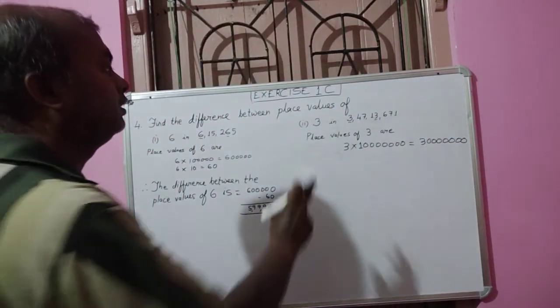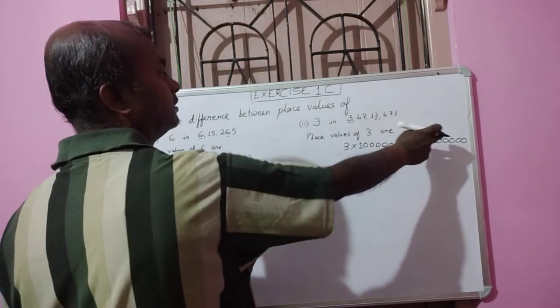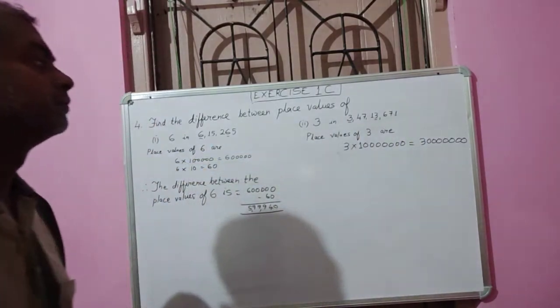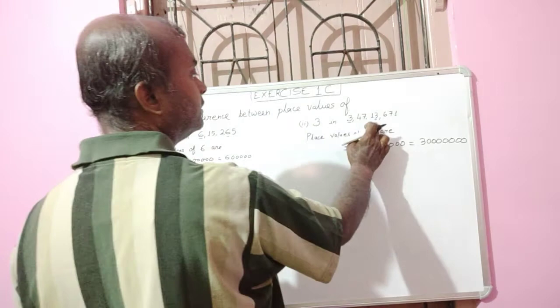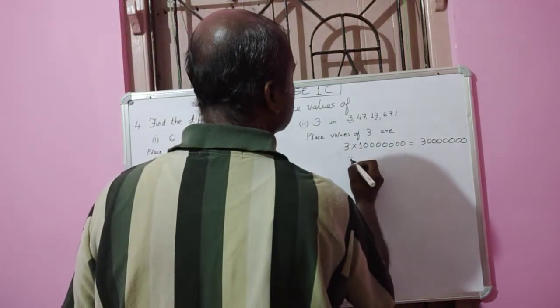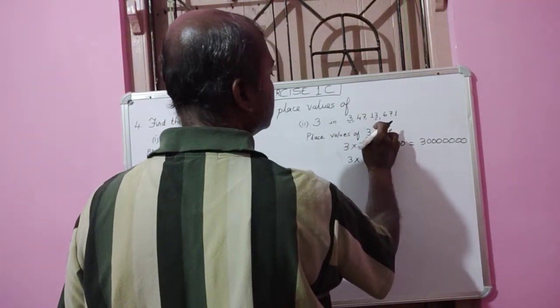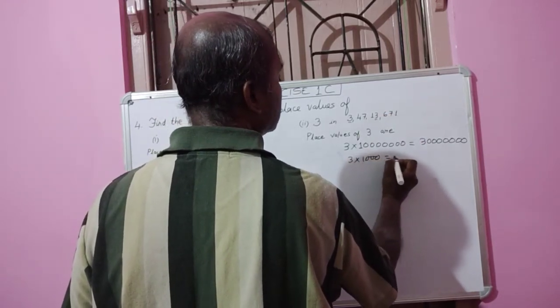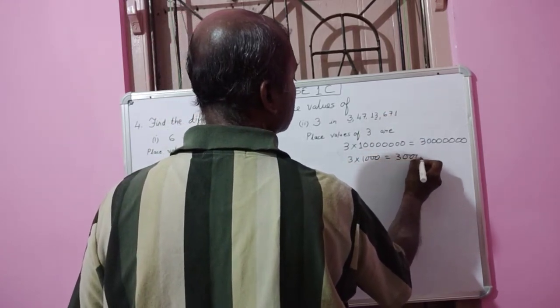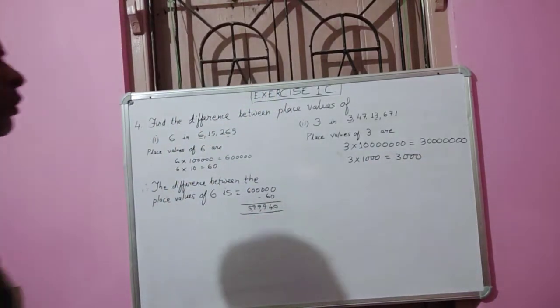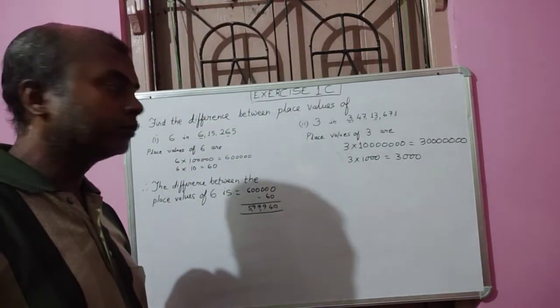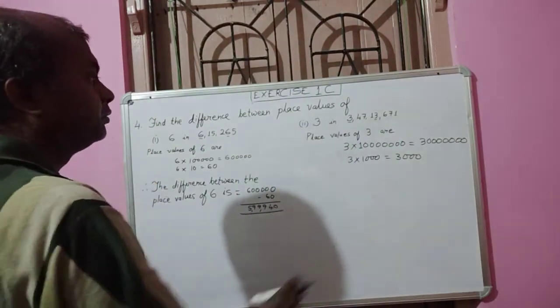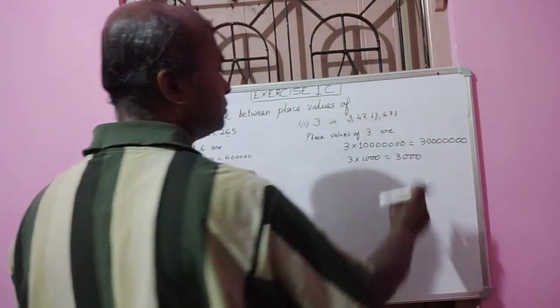So place value of 3 in this position is 3 crores. Next, again 3 is here in this position. So what is the place value of 3 in this position? 1, 10, 100, 1000. So 3 into 1000 is 3000. So we got the place values of 3 in two different positions. Now we have to find the difference between this place value and this place value.